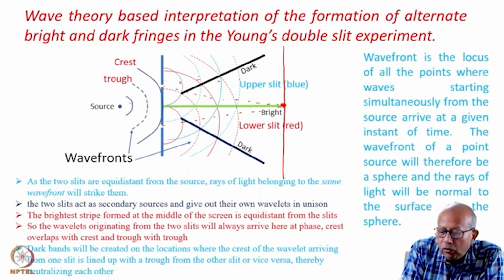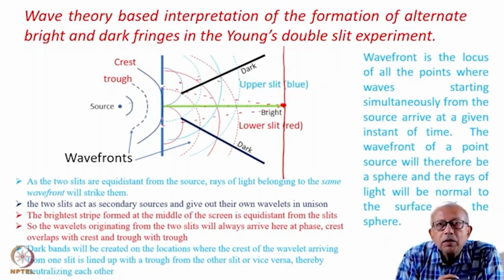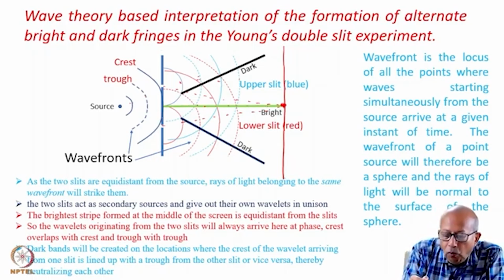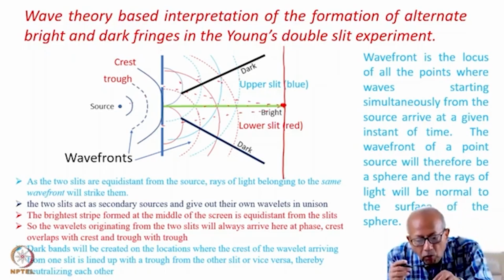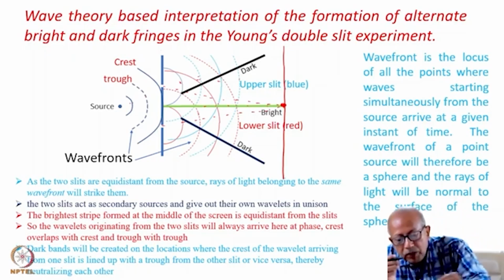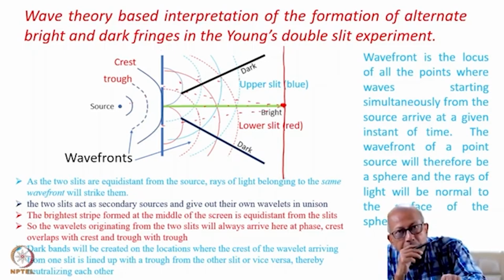For instance, you see on this line, all the points are equidistant from these two slits. Therefore, at this point, the crest from one slit meets with the crest from the other slit, or the trough from one slit meets with the trough from the other slit. That means the waves always meet in phase on this line, which is equidistant from the two slits.